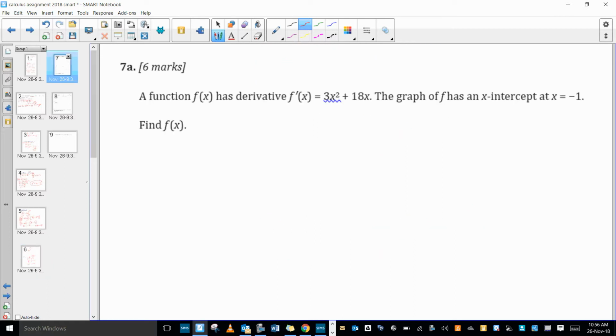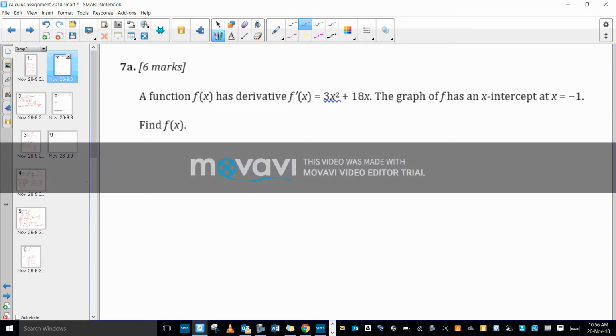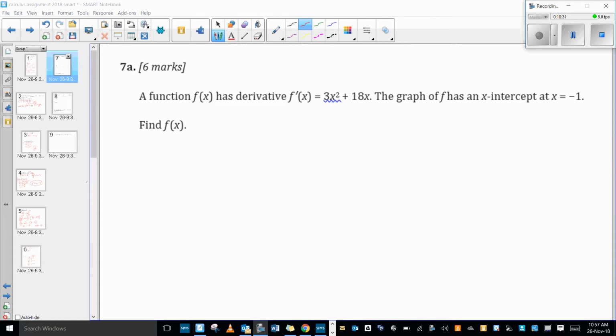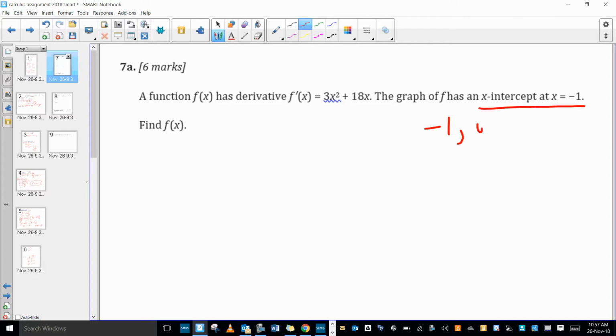The function has a derivative, and the graph has an x-intercept at a given point, find f of x. Okay. So the key here is that we know it's got an x-intercept here. So when x is -1, y is 0. So it's going to go through the coordinate -1, 0.